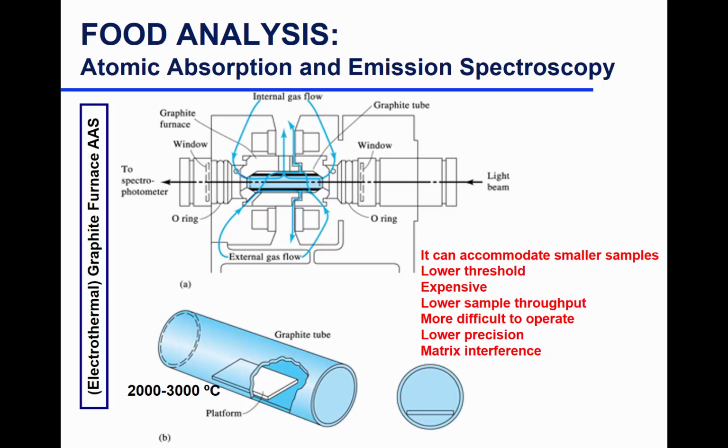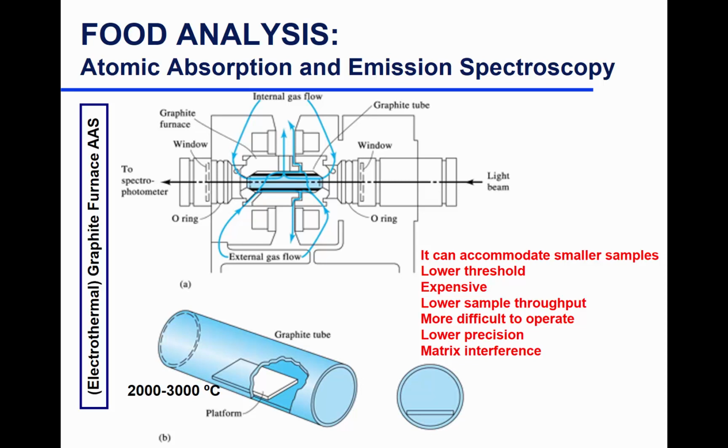One benefit, or a couple of benefits, is that you can use smaller samples. You'll see when you do the lab, or those of you who already did the lab saw, that you really have to prepare enough sample because the aspirator needs a little bit of sample to aspirate into the flame, and it goes really fast.